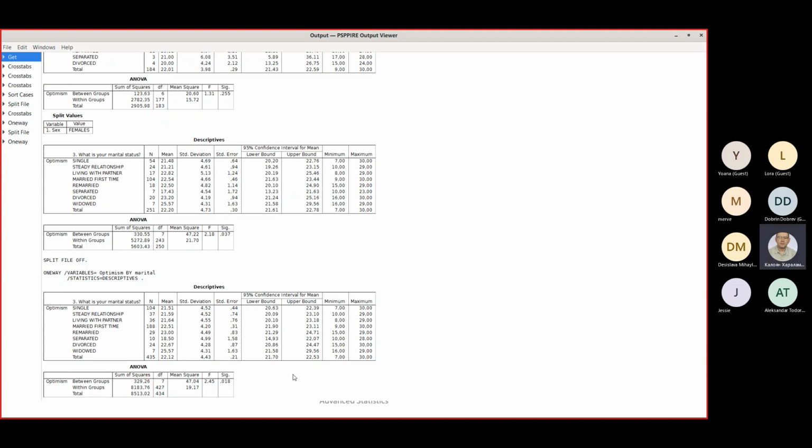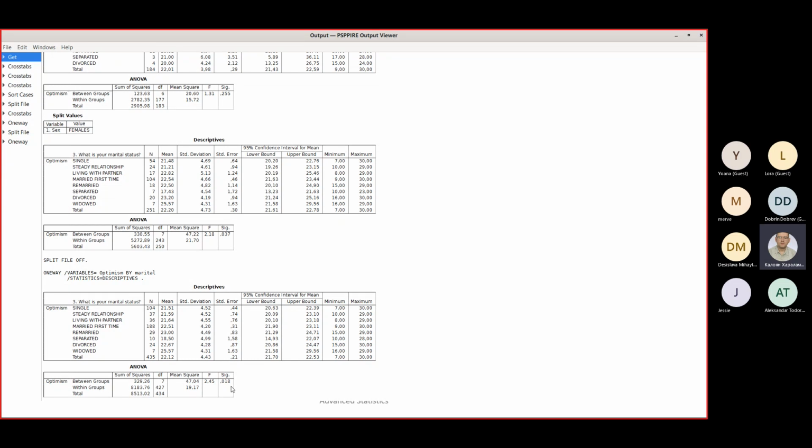So we need testing of hypothesis, and the method I already said is analysis of variance, and here we have a significance level. This significance level is 1.8%. This is smaller than 5%, so we must accept the alternative hypothesis again.